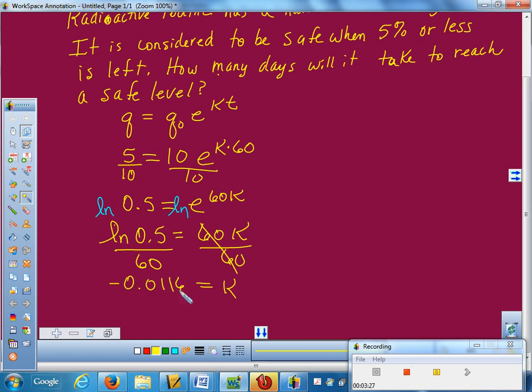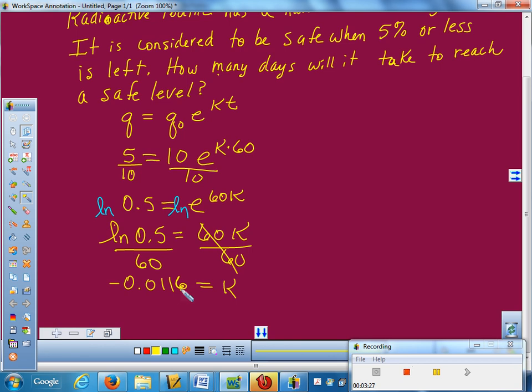Leading zeros don't count, so go until you get 3 actual valuable numbers, not just placeholders. Okay, so that's K. Notice when K is negative, you know you're decaying. If you're doing problems with bacteria that are growing, K will come out positive. So if you know it's something decaying, you better have a negative number.